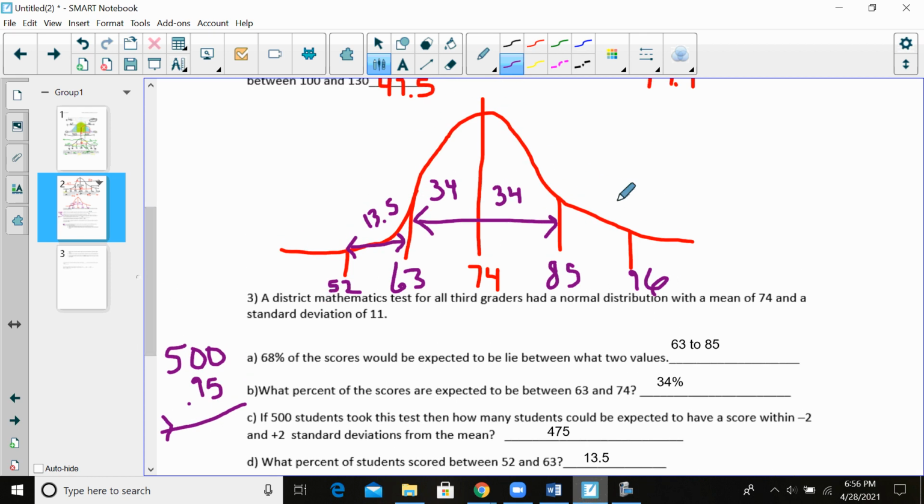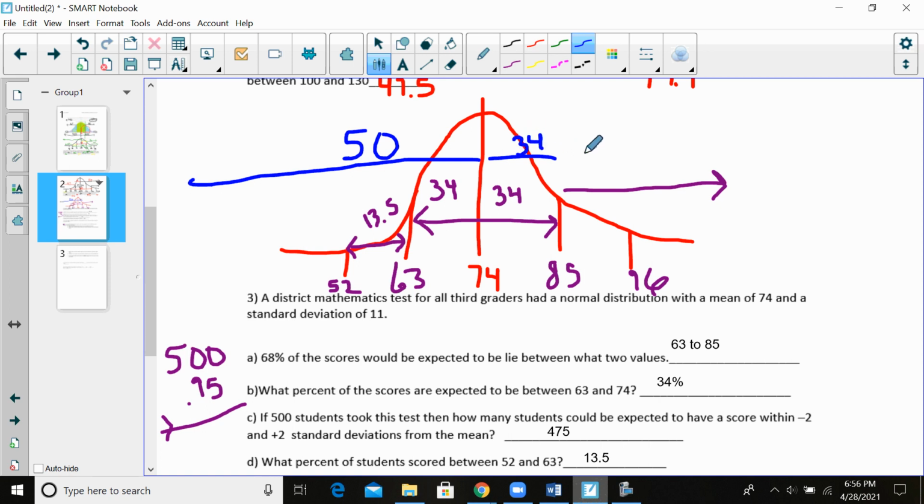Okay, so if I go this way, there's 50%. Let me change colors to contrast it. There's 50% this way, right? There's 34% from here to here. There would have to be 16% then from 85 and above.